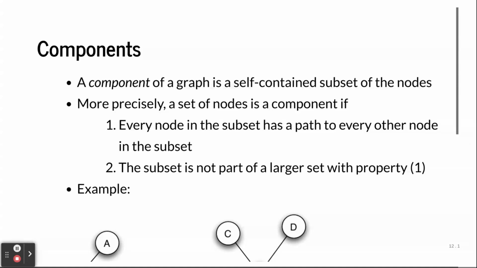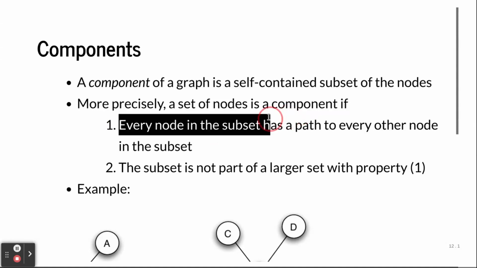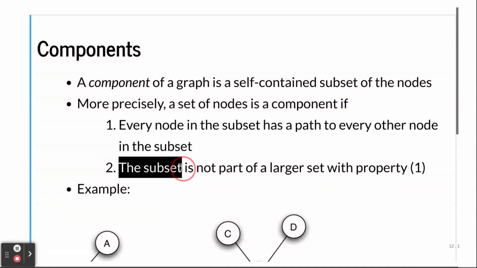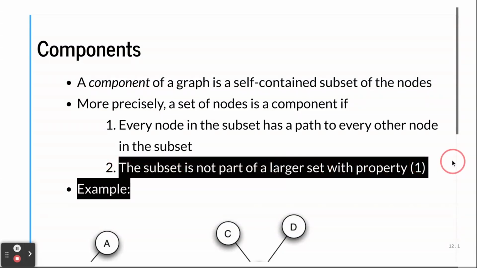One, every node in the subset has a path to every other node in the subset. In other words, each collection of nodes we're considering as a component has to be fully connected. Second, this particular subset can't be part of any larger subset that also is connected.